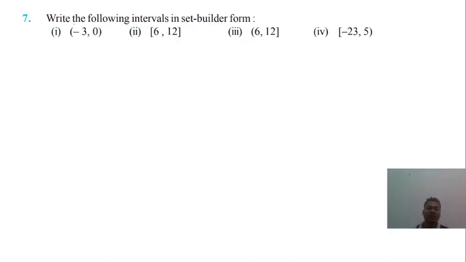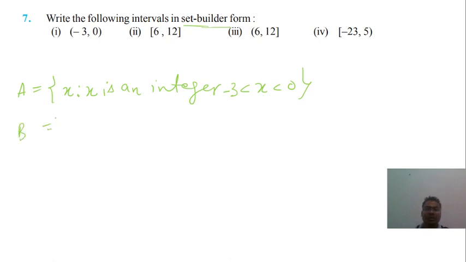Coming to question number 7, they said to put them in roster form. So the roster form has to be written as a statement: x such that x is an integer, such that x is less than 3 and greater than 0, no equals to sign. For the B question, we will have to write it again as x such that x is an integer.